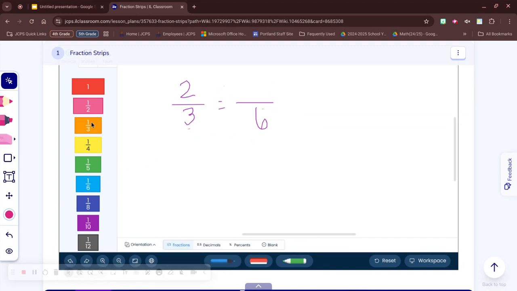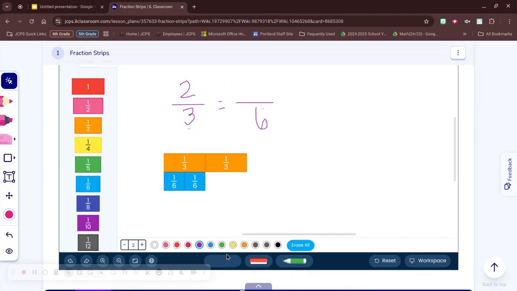So let's get our 2/3 out. 1/3, 2/3. And I want to turn these into sixths. Well, if you get your sixths out, you will notice that for every third, it takes a group of 2 sixths. So if it's going to take a group of 2, that means we're going to have 2 times as many. 3 times 2 equals 6.